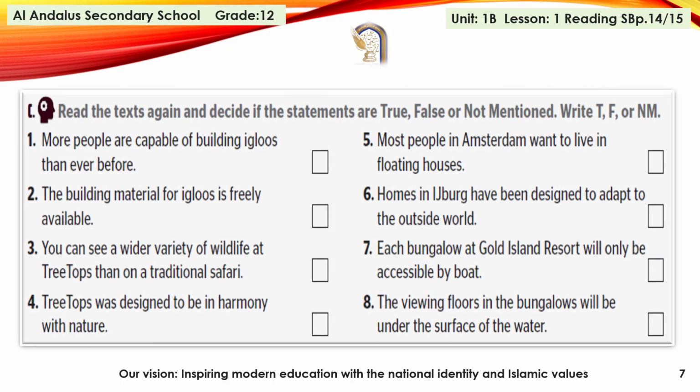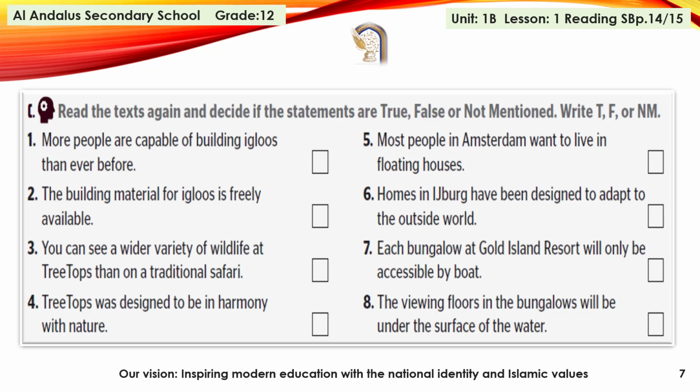Now we move on to exercise C, which is a more analytical exercise. It says, read the texts again and decide if the statements are true, false, or not mentioned.